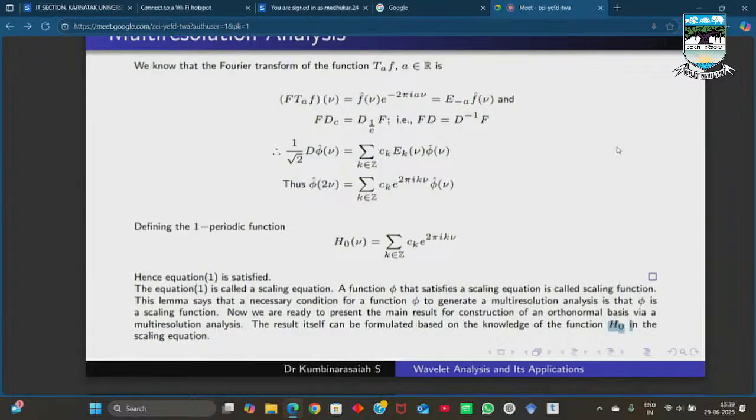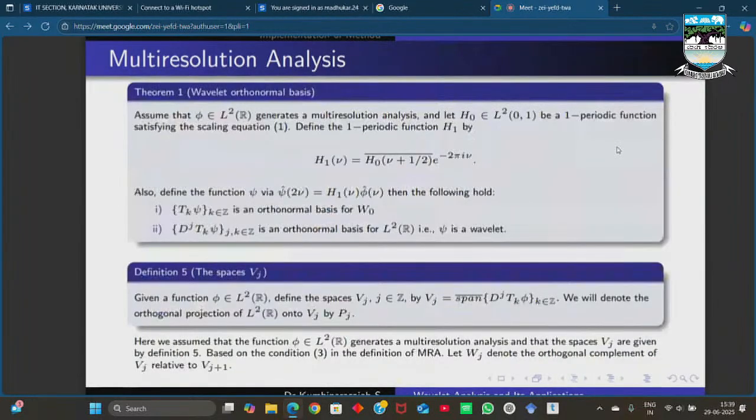As of now, I am only on the scaling function. Now I am switching over to the wavelet functions. How? Let's see here. Theorem 1 says how the orthonormal wavelet basis is going to be generated. They assume that phi is from the Hilbert space, generated by the multi-resolution analysis.